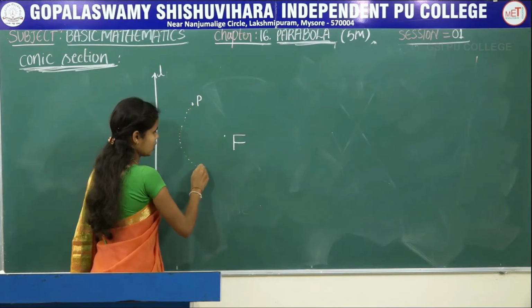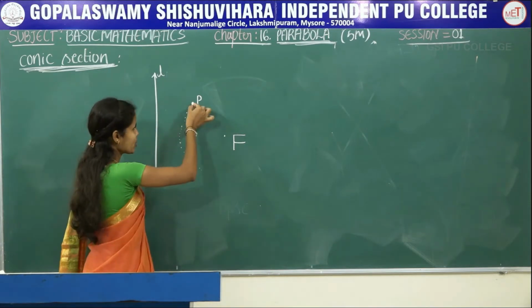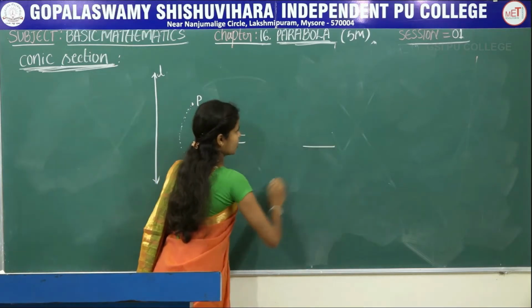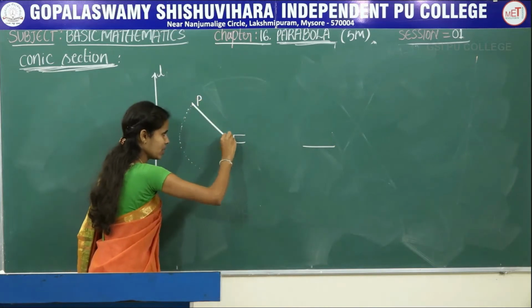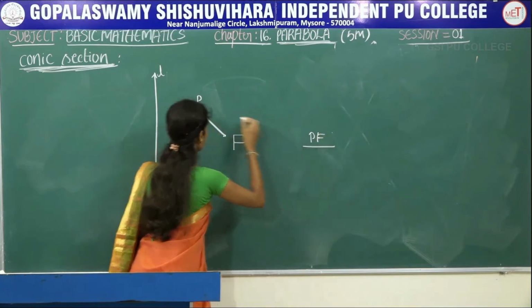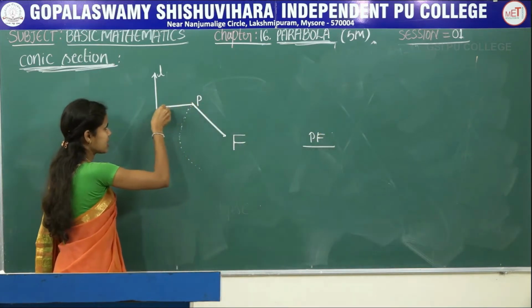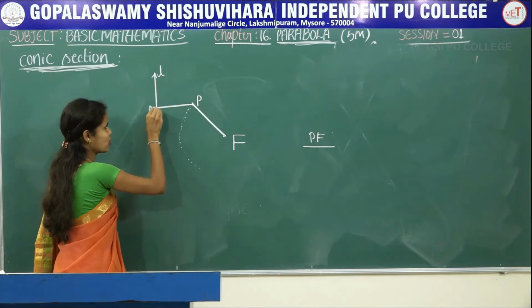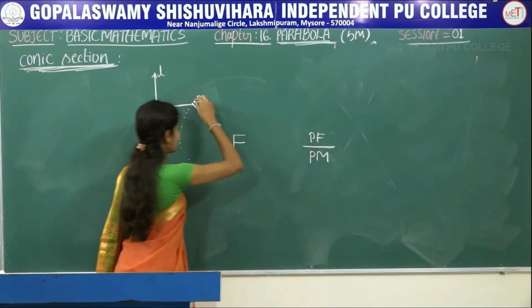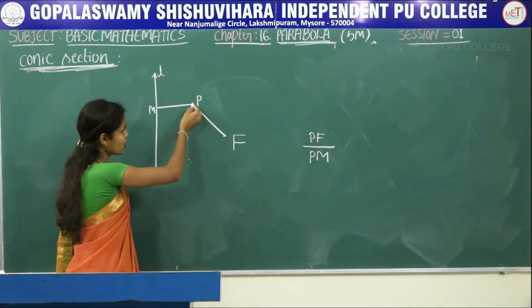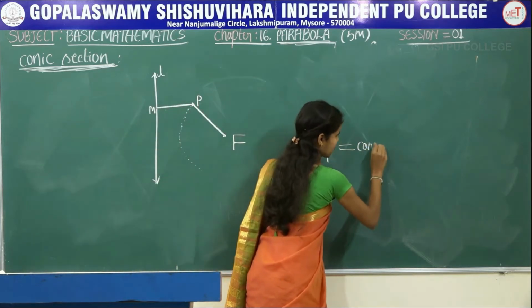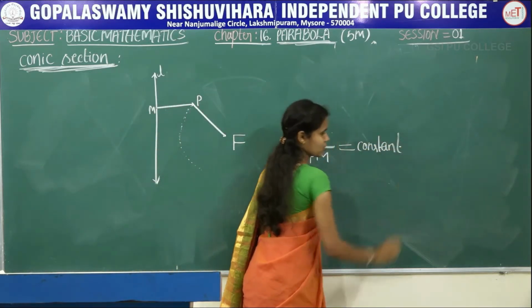Conic sections are the locus of a point which moves on a plane such that the ratio of its distance from the fixed point, here the fixed point is F, meaning PF, to its distance from the fixed line, here L, denoting this point to be M, meaning PM, is always a constant.